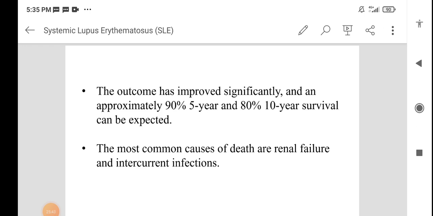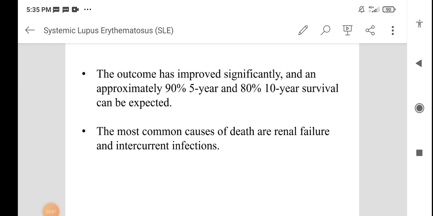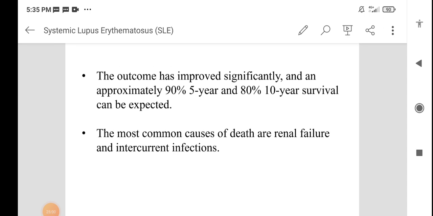Whenever we do lab tests to look for LE bodies, you add some beads in the test tube where there is blood and shake it vigorously so that the nucleus is exposed to the antibodies in the serum, leading to the binding of antigen-antibody complexes on the surface of these nuclei.